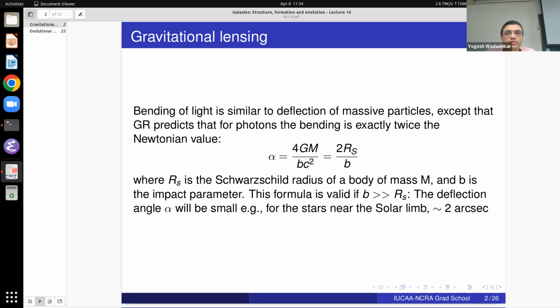The thing to remember is that these deviations are quite small. Even for the sun it is 2 arc seconds. And you must know of the experiment that was done during the 1919 solar eclipse to measure this deviation and to test whether it matched the predictions of Einstein's general theory of relativity. And it turned out that it matched, and then after that Einstein became instantly famous.